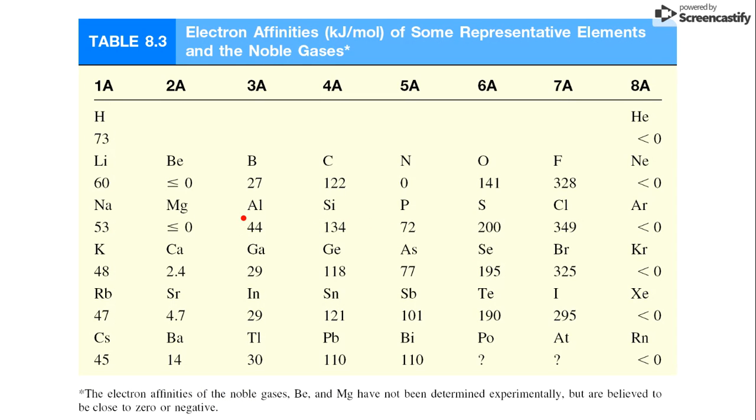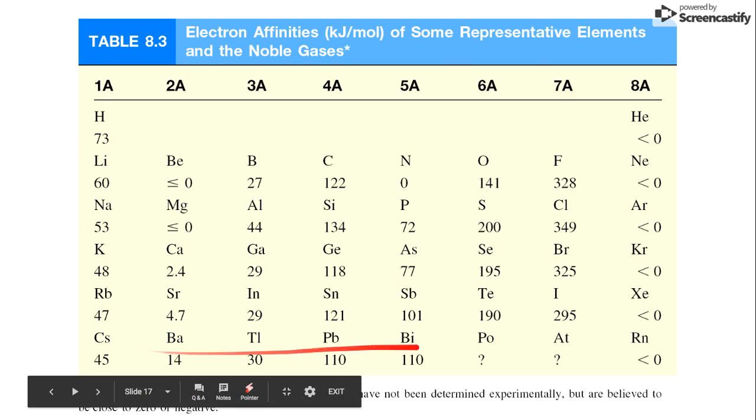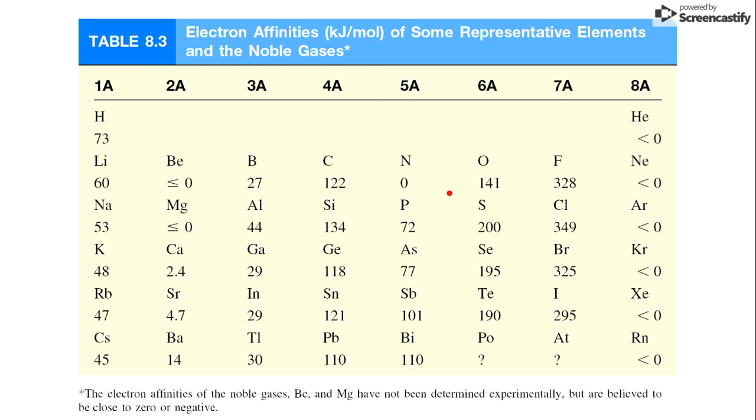Now, if we look at this in general, and it's not as good of a trend, but electron affinity increases as we move from left to right. And that again is a general trend. And it also increases from the bottom to the top. It's not perfect, but again, it has to do with things that have good effective nuclear charge also have really good ability to pull electrons towards themselves.